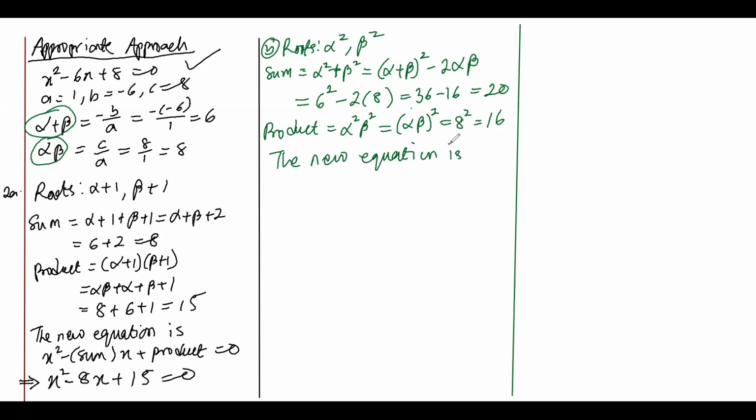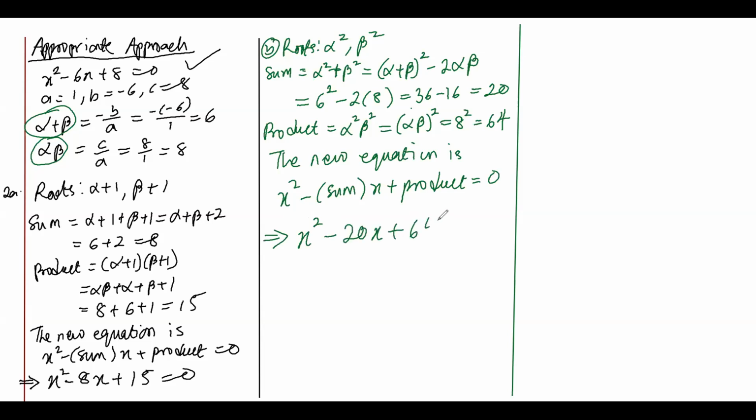Mr. Daniel, I think you made a mistake in the last line, it should be 64. My bad. Maybe I didn't get enough sleep. So again, the new equation is x squared minus sum x plus product equals 0. And that implies, so again, I use the implication statement. This implies that x squared minus 20x plus 64 equals 0.